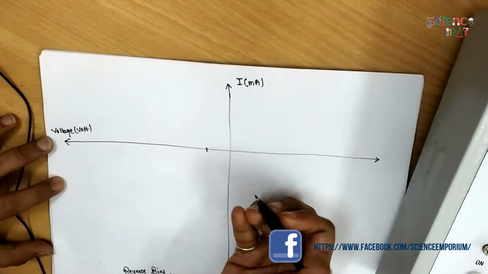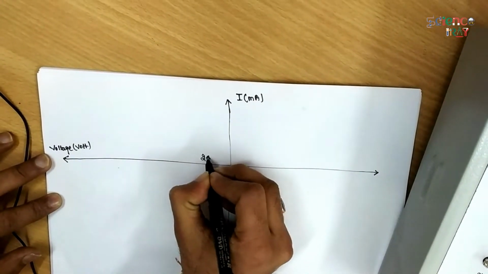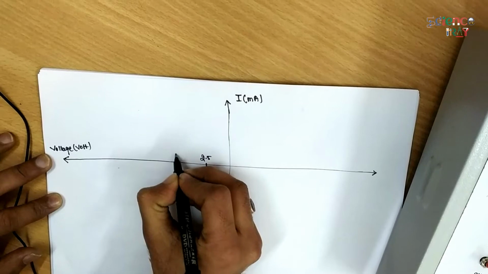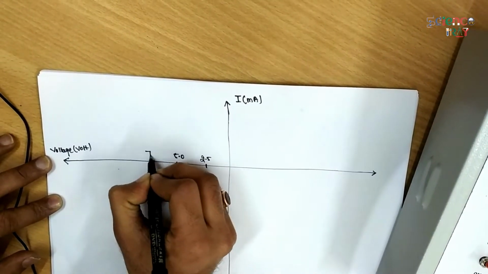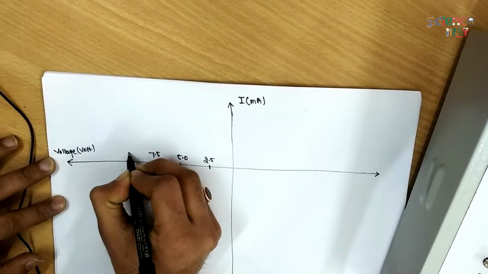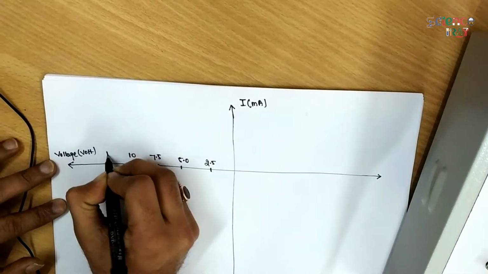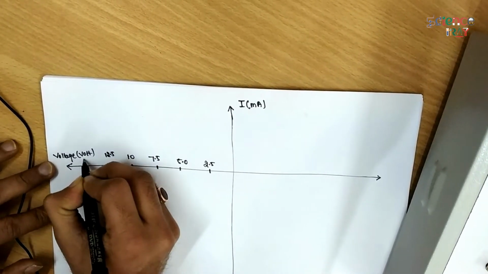So we are plotting the same here: 2.5 volt, 5 volt, 7.5 volt, 10 volt, 12.5 volt and 15 volt.